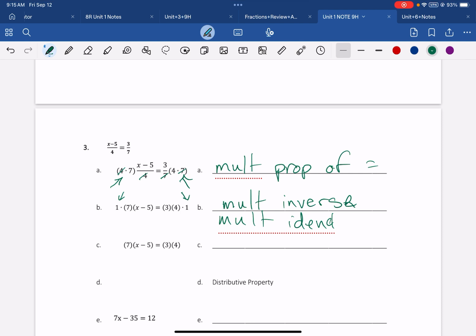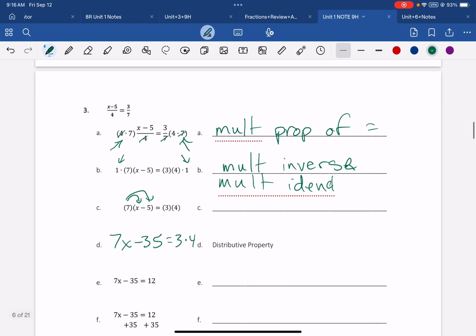Yes, so the distributive property is when you multiply the 7 in, and that gets you 7x minus 35 equals, and we're going to leave this 3 times 4 here still, so that when we do 3 times 4, we can name that the substitution. Substitution property or simplify.